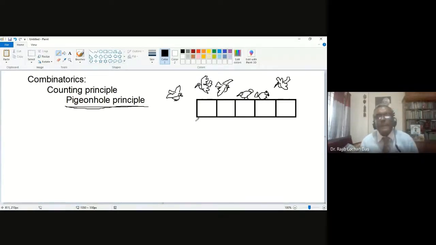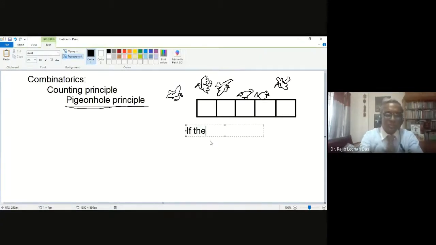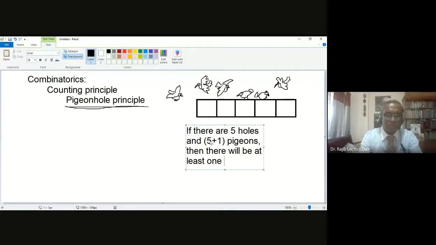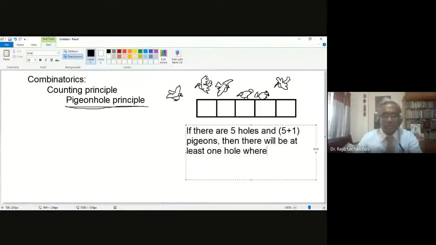Then what will happen? The theory says if there are five holes and 5 plus 1, that means 6 pigeons, then there will be at least one hole where more than one pigeon will rest.